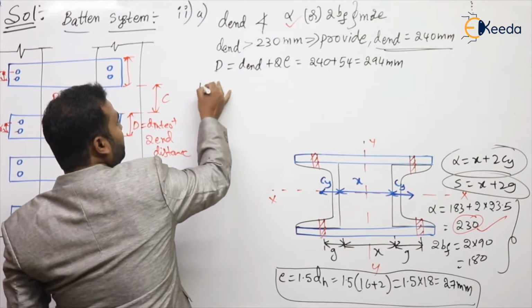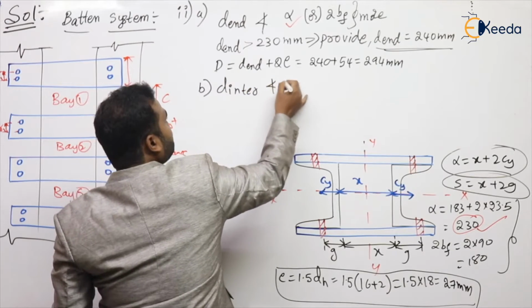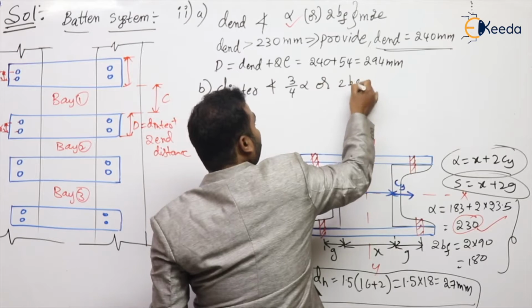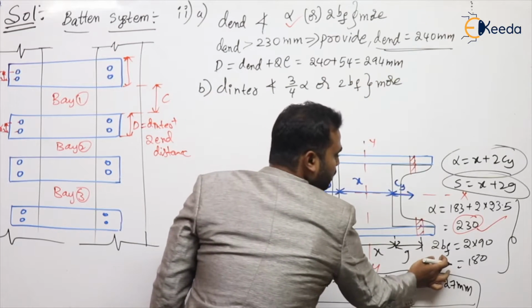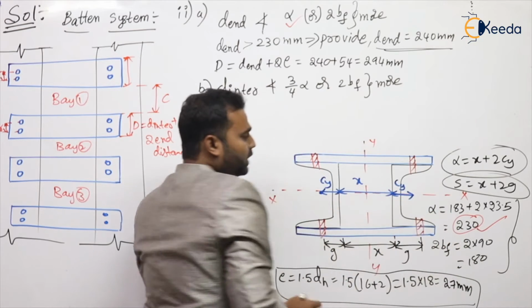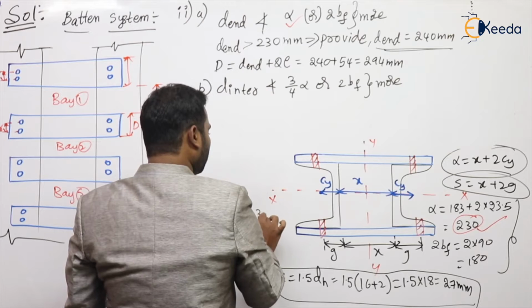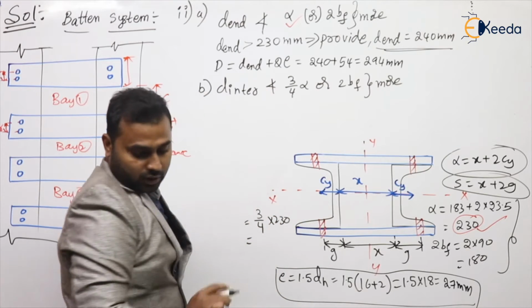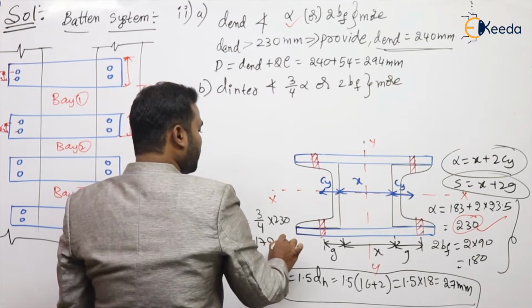Now let us see for intermediate batten. D inter should not be less than 3/4 of alpha or 2BF, whichever is more. We already know 2BF is 180. Now 3/4 of 230 comes out to be 172.5.